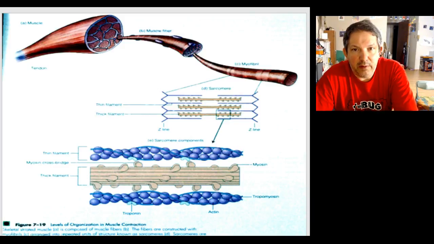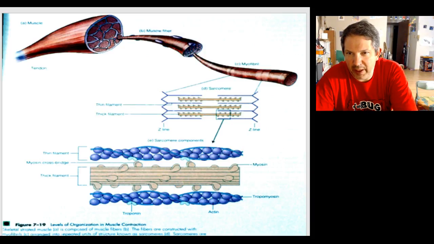All right, this is more of the same, the muscle cell or muscle fiber with all of its myofibrils, and then looking more closely at the pattern that we see, we have different bands.